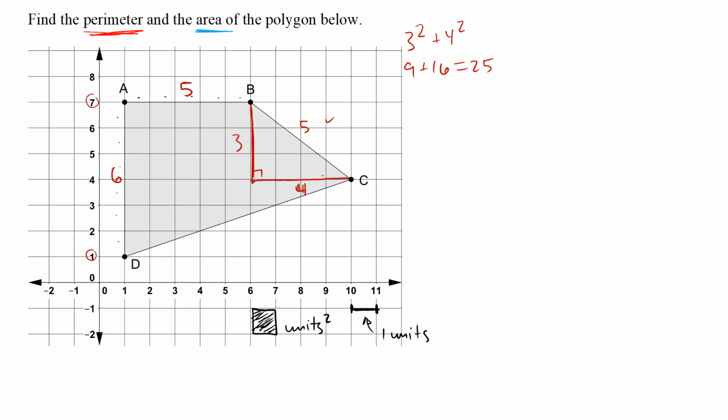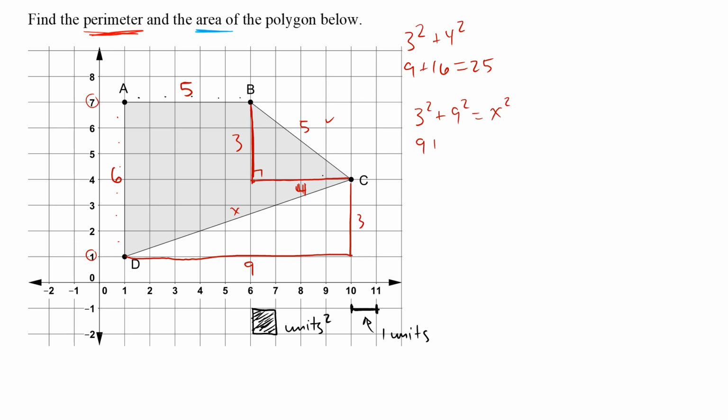The last bit of my perimeter is from segment C to D, and this looks like it's a little different. I'll go ahead and mark this here. This is 3 units, and then I'm going from 10 down to 1, or from 1 to 10. So this is 9 units long. So this segment from D to C, I'll just call it temporarily X. That length is, I'll write, 3 squared plus 9 squared is X squared.